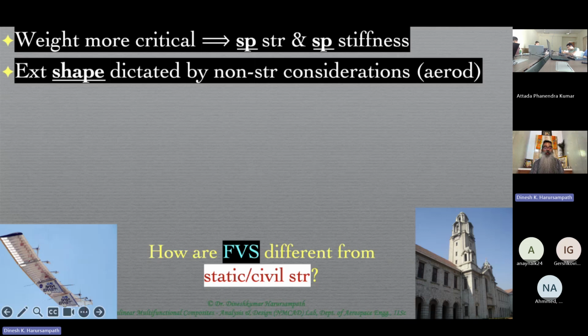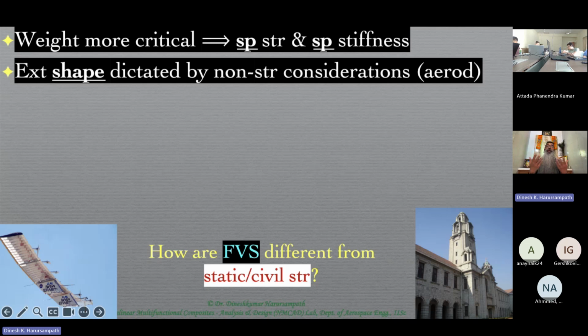But on the other hand, from a non-structural requirement, that is purely an aerodynamic requirement, you are going to have the shape pretty much dictated. So the overall shape, in other words, the external shape that you have, is entirely dictated by non-structural considerations.